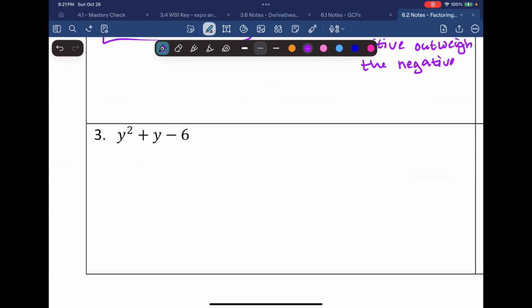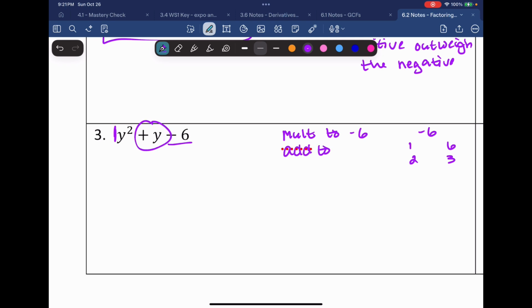Verify that your leading coefficient is a positive 1. It is. Awesome. So we want factor pairs that multiply to negative 6. So it's 1 and 6, 2 and 3. The issue is that it's a negative 6, so something has to be negative. So it has to add to that.